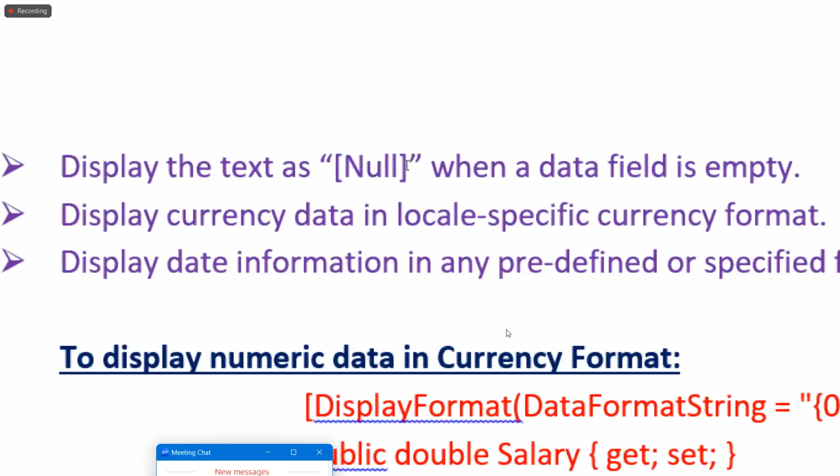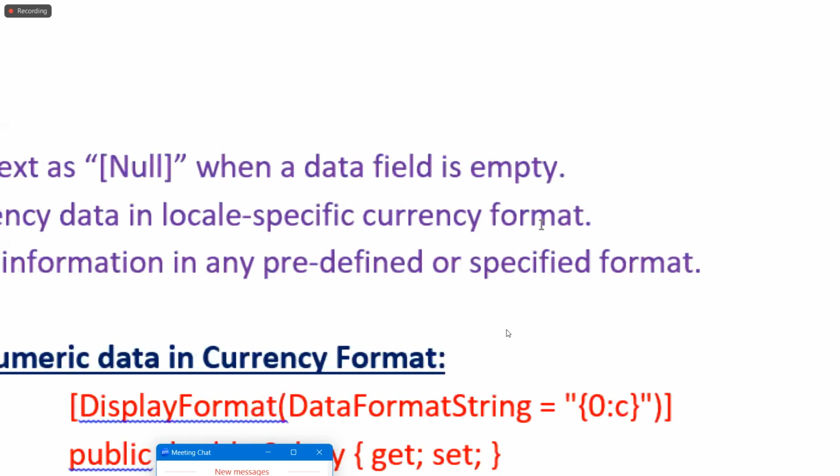Next, the currency format: suppose you are working in American format, it should show dollar; in Indian format, the rupee sign; in UK, pound; in Japanese, yen. Third one, date format: MMDDYYYY or DDMMYYYY or whatever you want. You can specify all the formats.